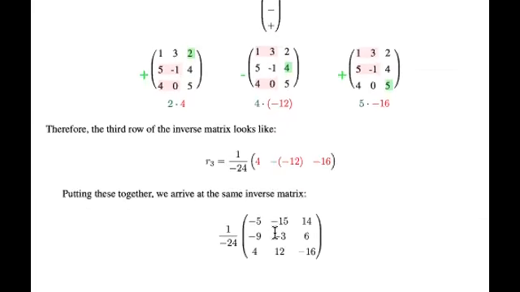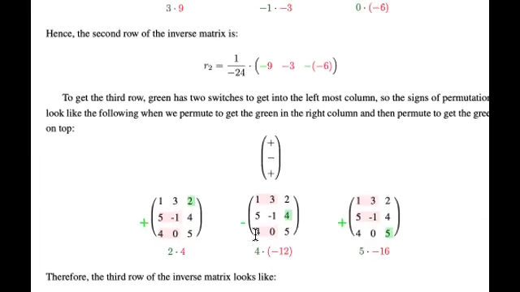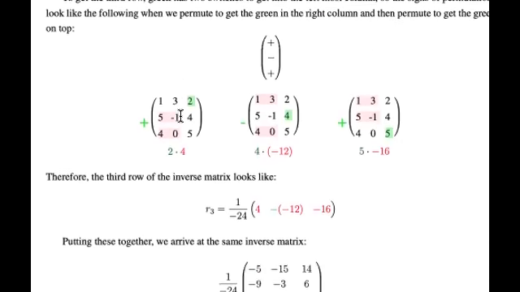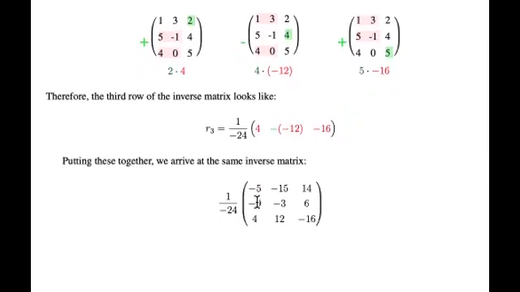So now let's take a look and see where this -9 comes from right here. -9 actually comes from this determinant, from this place. Notice that that 3 is up there, and this -9 is over here.